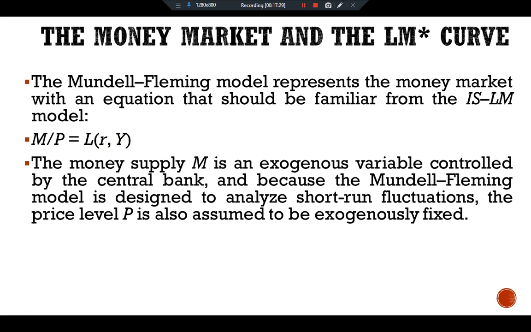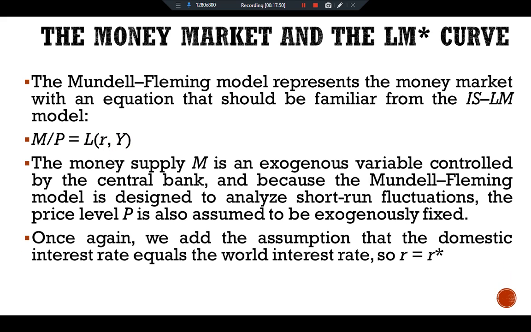Okay, the money supply M is an exogenous variable controlled by the central bank, and because the Mundell-Fleming model is designed to analyze short-term fluctuations, the price level P is also assumed to be exogenously fixed.